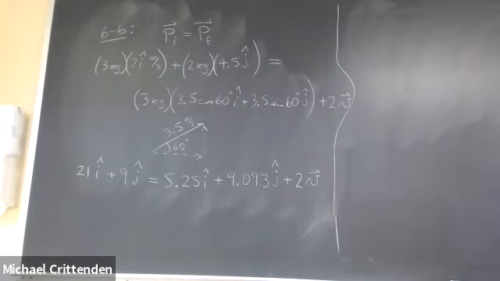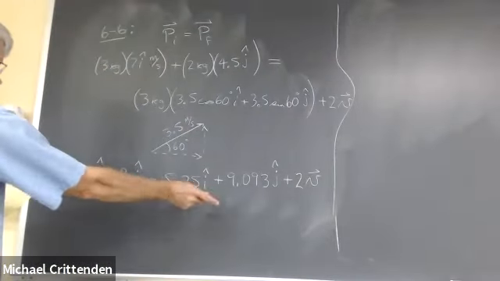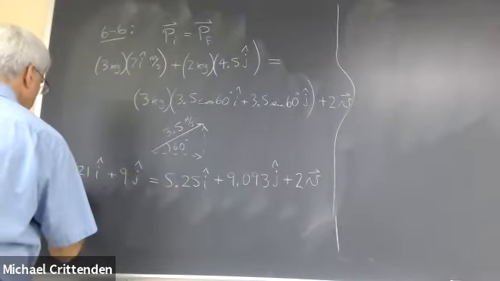Combine the like terms, the I term with the other I term, the J term with the other J term. So I subtract the 5 1/4 I from both sides.